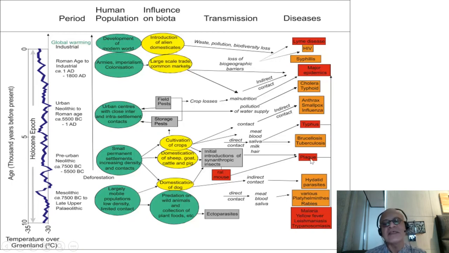So basically there are ticks, fleas, which survive on rats, and they have evolved over time to not kill too many rats because they want to survive over time and reproduce and so on.